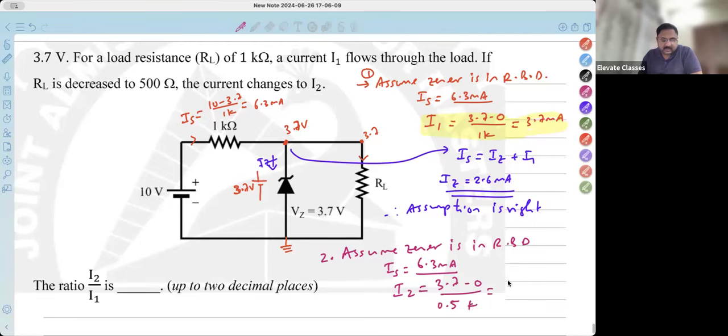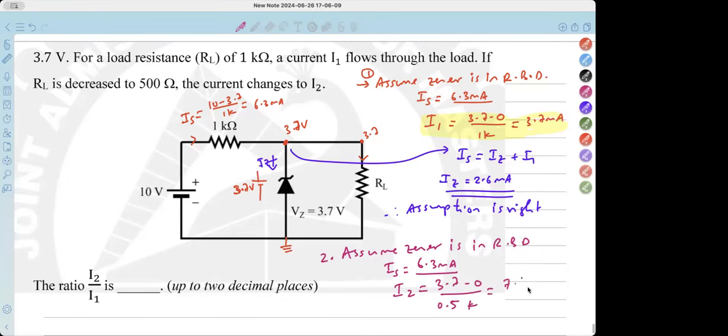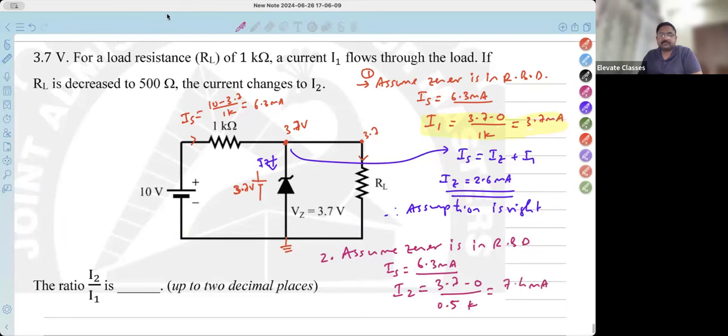Now if you calculate, this will turn out to be 7.4 milliamperes. Okay, I1 is 3.7, I2 is 7.4, but clearly you see something is wrong. Why? The source current is 6.3, so how can it be 7.4 here?